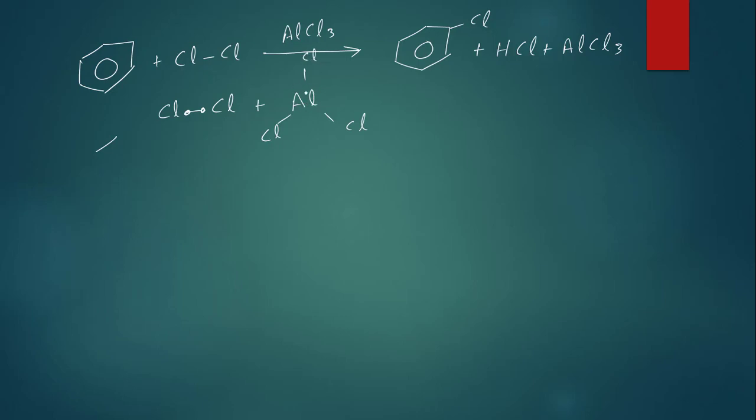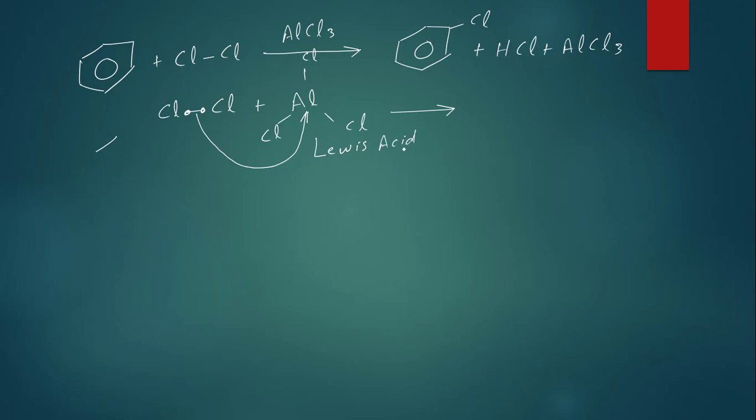It has room to accommodate these electrons. So these two electrons will move here and they will make a dative bond. I am adding another concept: FeCl3, AlCl3, FeBr3 are all actually Lewis acids. We will discuss this in acid base.